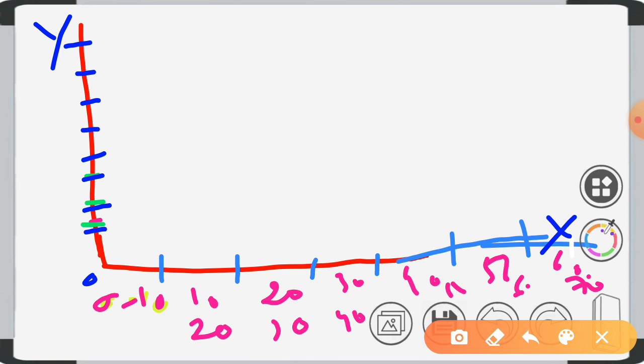Okay, first one, 0 to 10, how much? 5. So it's 2, 4, 6, 8, 10, 12, 14 and 16. So the first one, 5, means here. Okay, second one, 7, so here, and third one, 20 to 30, is 10.